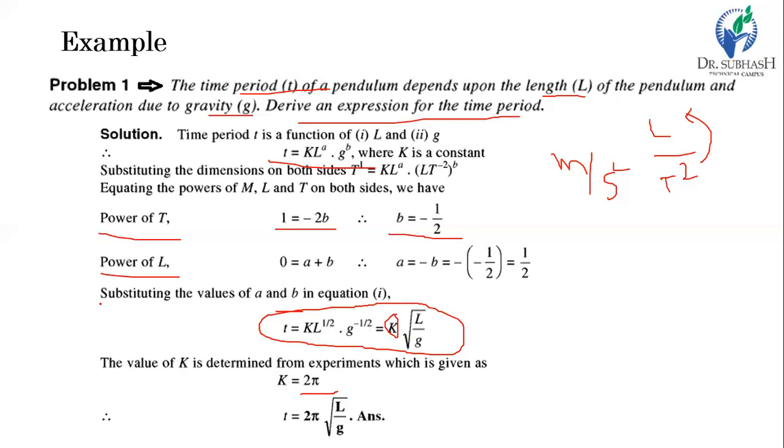So that is all for today, friends. What we have learned today: we started with dimensional analysis, then we saw the advantages of dimensional analysis, then fundamental dimensions and the fundamental dimensions of different physical quantities. We learned how to derive the fundamental dimensions for any quantity, whether geometric, kinematic, or dynamic.